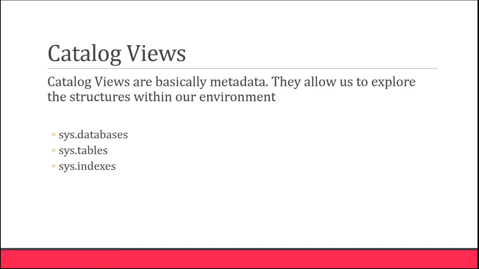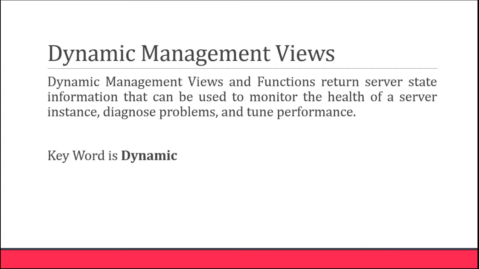All right, so these are examples of catalog views which we have in SQL Server. Then you have what you call dynamic management views. The key word here is dynamic, and you also have functions.